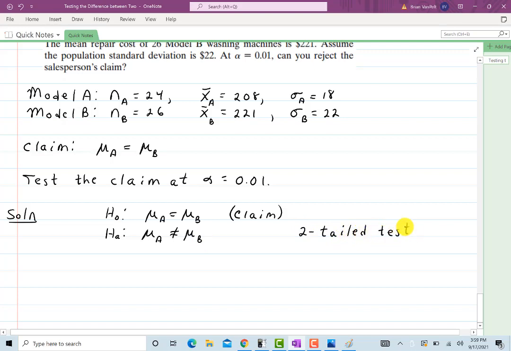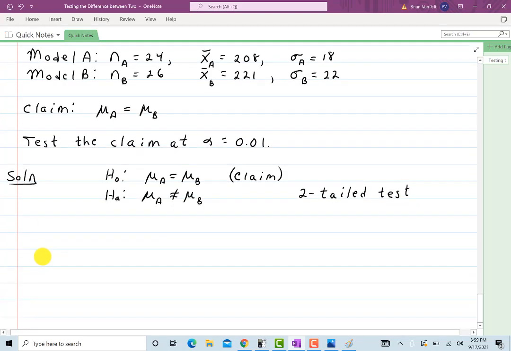That means I'm going to have a positive Z0 value and a negative Z0 value. The same thing as before, alpha equals 0.01, but since I'm using a two-tailed test, I need to divide this in two. So that is 0.005.